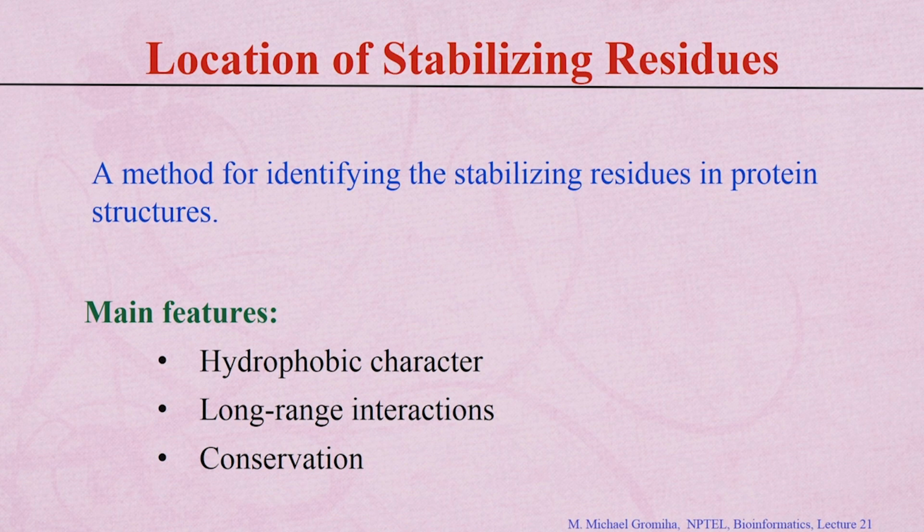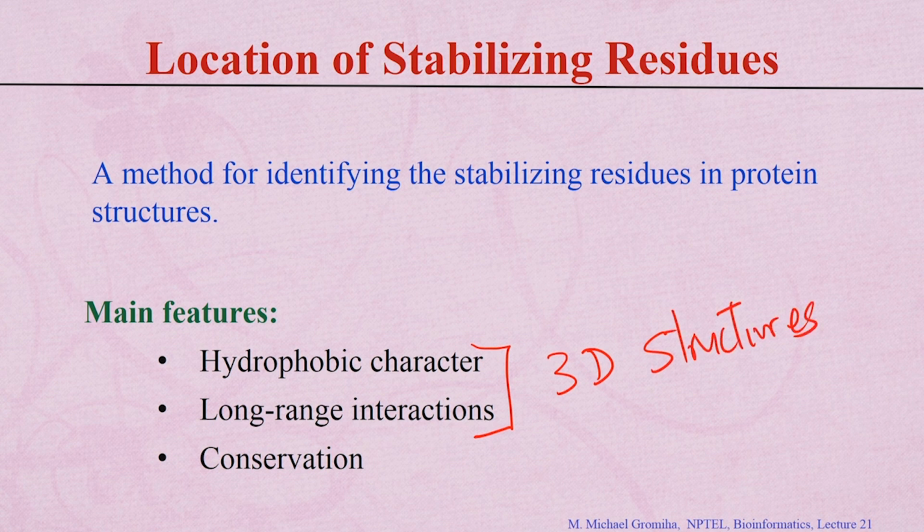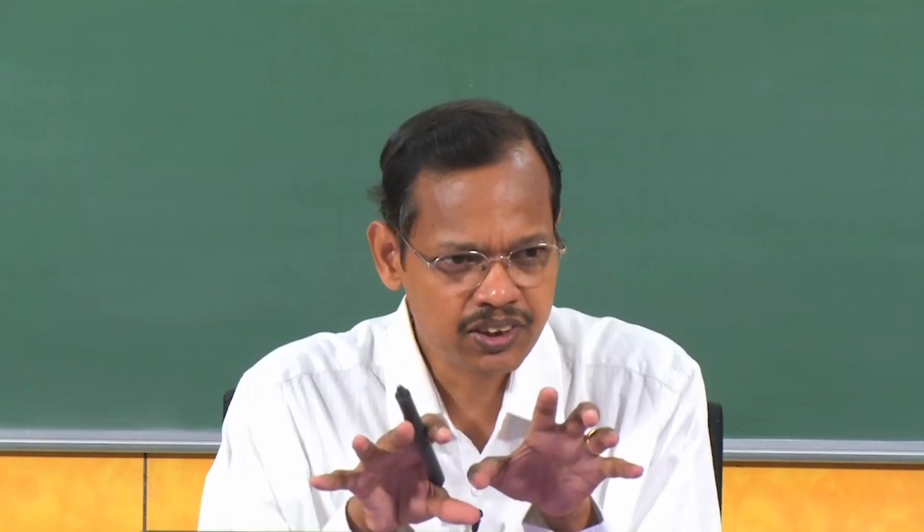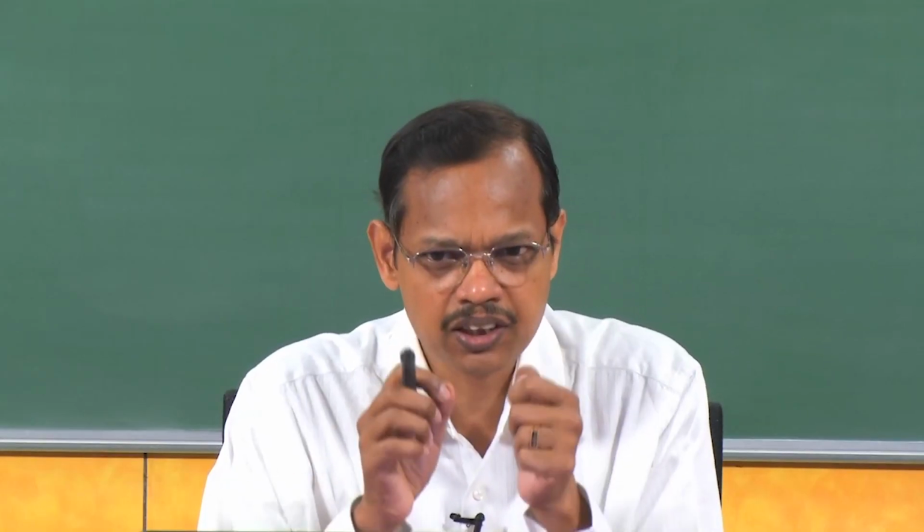The hydrophobic character and long range interactions we can obtain from protein 3D structures, while the conservation you can get from amino acid sequence information. We can now explain how to get these features, and based on these features how we obtain the data which can stabilize a particular protein.